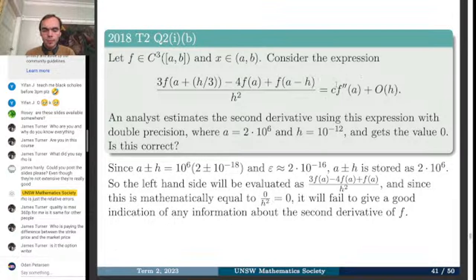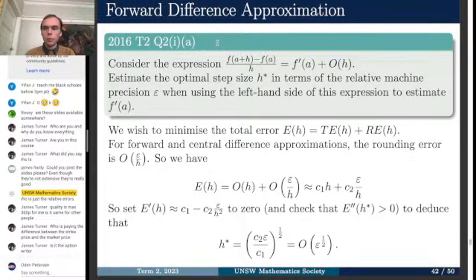I guess the mathematical equality here is not really well represented by the floating point representation of these numbers. And so this value of 0 is not actually a reasonable guess for f double prime, because this expression is basically a junk value. Cool.